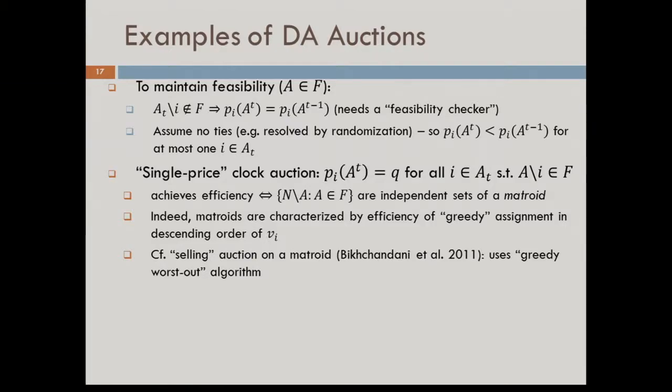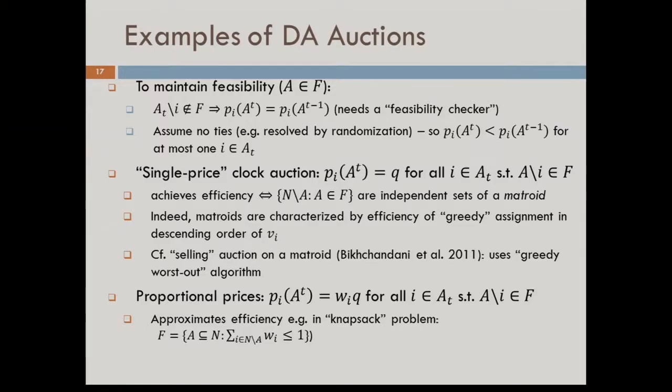Also, as Paul said, and that was found earlier, if the set of bids that could be feasibly rejected is a matroid, then we just offer the same price to all the bidders. The price would be declining, and you actually implement exactly efficient allocation. That corresponds to a greedy algorithm for a matroid.